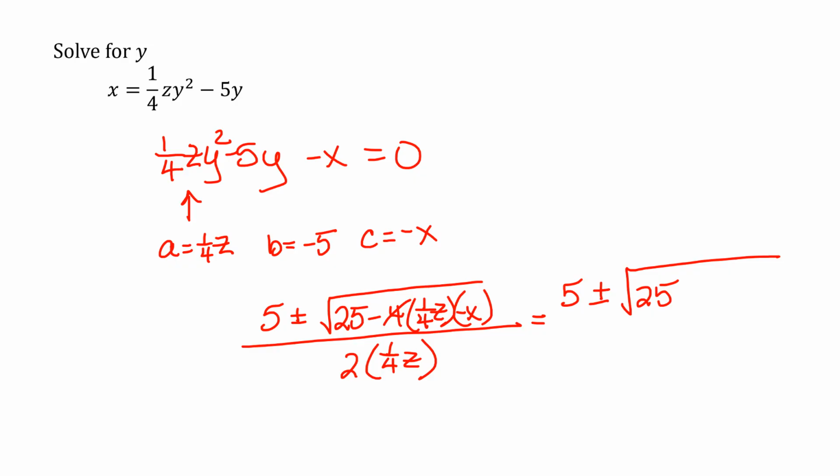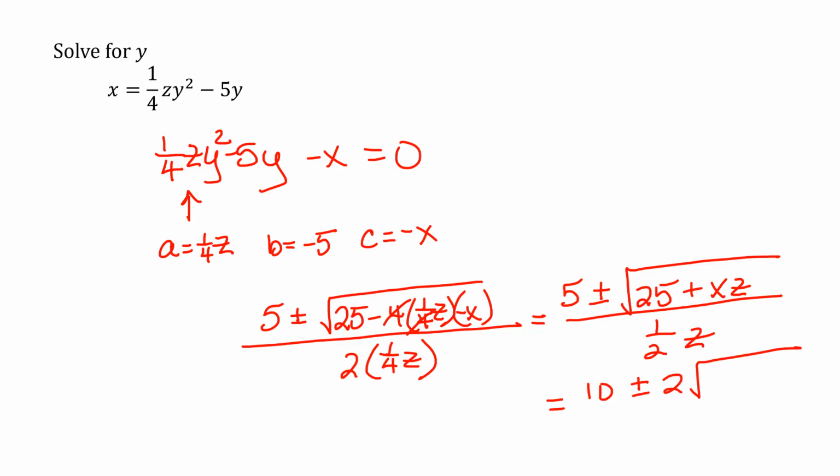We've got this 4 and that 4 cancel, and so we have plus xz. And then in the denominator, we just have 1/2 z. And it's not really cool to leave a fraction in the denominator. So if we multiply the top and the bottom of this fraction by 2, we're going to have 10 plus or minus 2 times the square root of 25 plus xz all over z. And that's as simplified as we can get it.